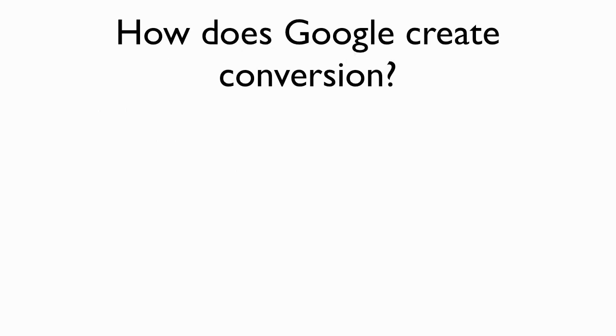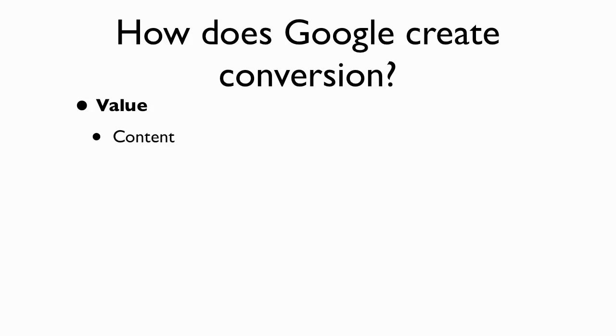So then let's look at how Google creates conversion. You probably haven't even thought about this in the past, but Google is probably the main, and not probably, they are the 800-pound gorilla for conversion on the internet. That's what's made them so much money. They send out the Googlebot to find websites and pages, and then they index those pages, and then they determine how much value those pages have.